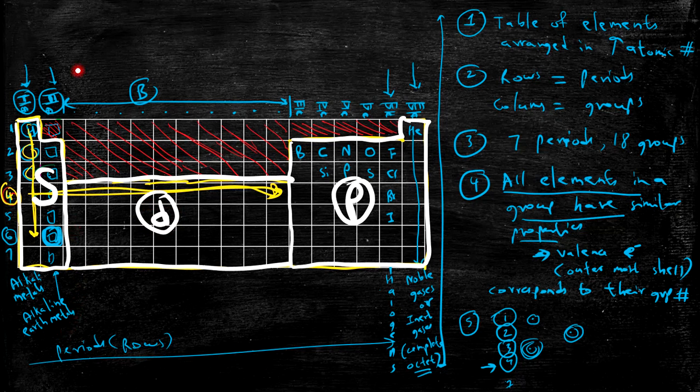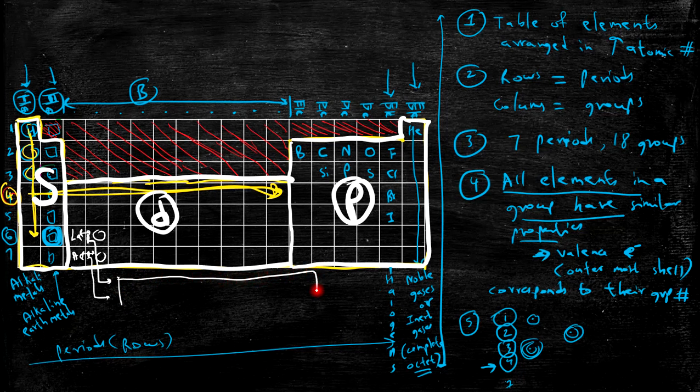The exception is there are two elements, lanthanum in period 6 and actinium in period 7. Between those two elements, here and here, there are 14 more elements, where the electrons are added to the inner n-2 f orbital, and those are called the F block elements, and these are represented separately at the bottom as the lanthanide and the actinide series.